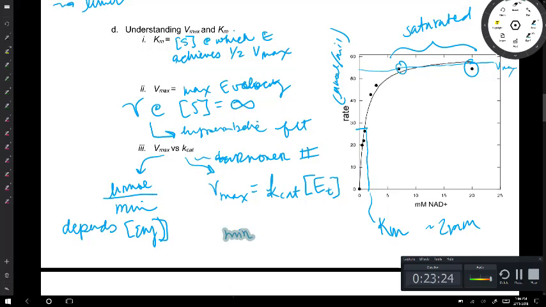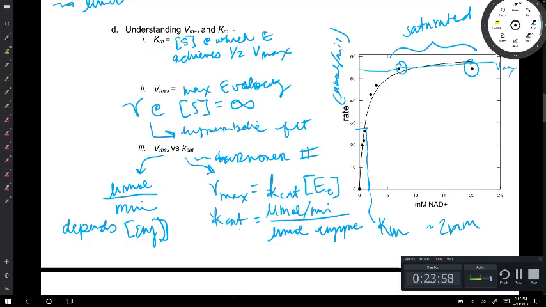So the Vmax is equal to the kcat times the enzyme total concentration, the ET. If we have the Vmax and if we know the ET, we can then solve for the kcat. So the kcat is equal to the Vmax in micromole per minute divided by the total micromole of enzyme.